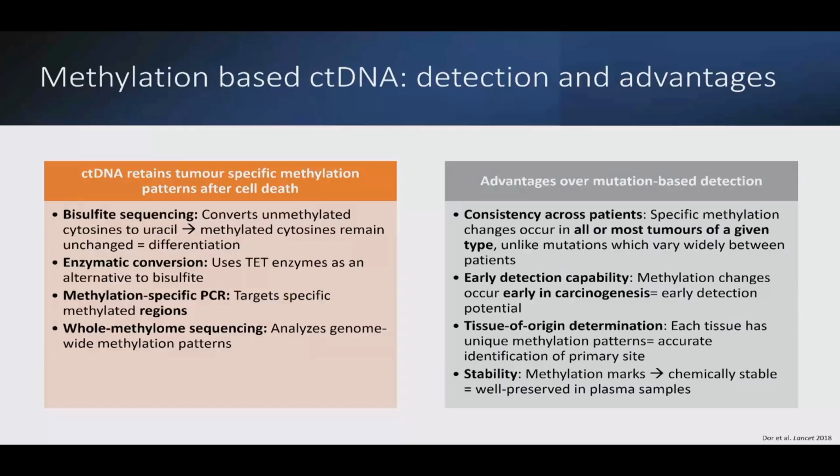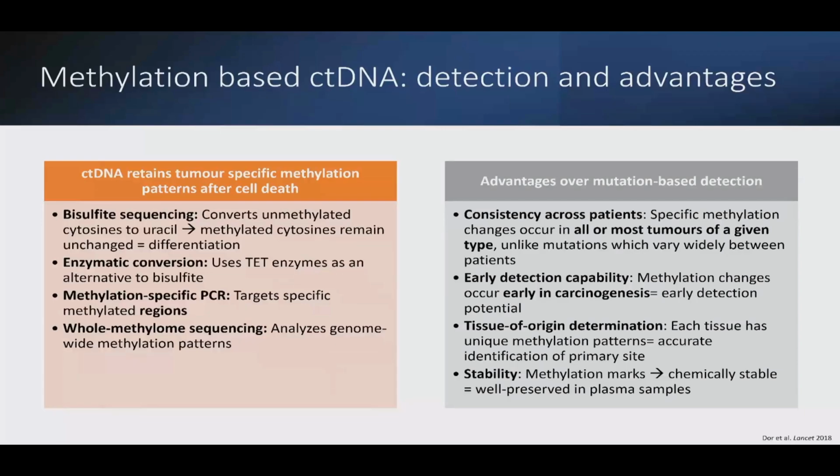This technique, however, can lead to significant degradation of the sample, upwards of 80%, which is a problem in RCC, which is already low shedding and the samples are quite small. Then we have enzymatic conversion, methylation-specific PCR, and whole methylome sequencing. These are all newer detection methods being explored, but many haven't been validated in RCC.